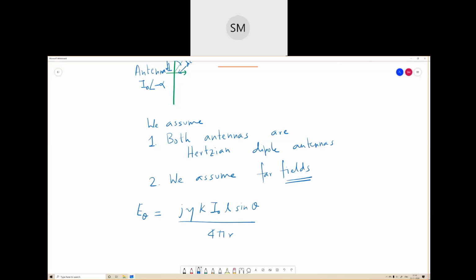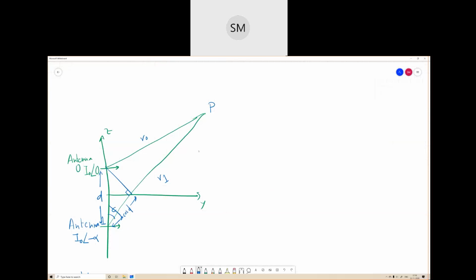This we had seen in the Hertzian dipole class. So the question we are asking is, what is the electric field at point P? Or rather E theta. Obviously, because for the Hertzian dipole at the far field only E theta exists. E phi doesn't exist anywhere, and Er dies down for large distances from the antenna. This we had already seen.